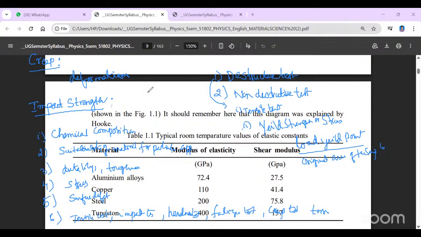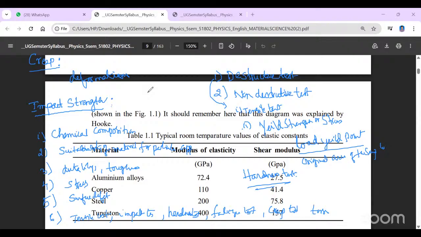One more test we perform under this is the hardness test. Under this hardness test, we measure hardness, which is a measure of the resistance of the surface of a material before deformation.